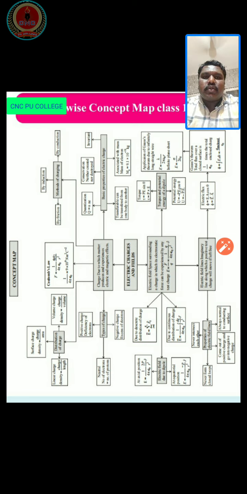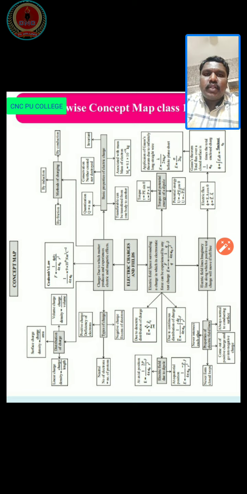And we studied the concepts of electrification, that means the process of charging a body. And we studied the types of electrification of a body, that is by friction, conduction, and one of the important methods, that is without any physical contact, charging by induction.